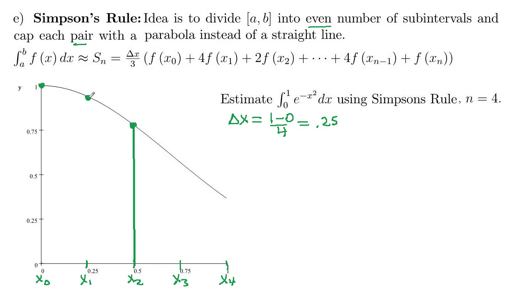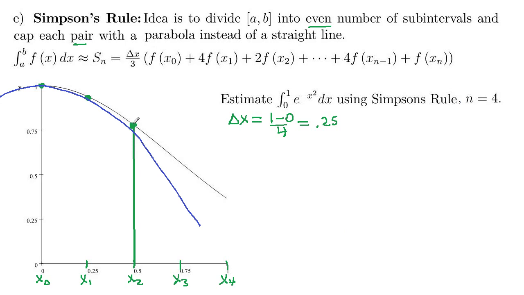So there is a unique parabola determined by those 3 points. Just like there's a unique line determined by 2 points, there's a unique parabola determined by 3 points. And that parabola might look something like this, for example.